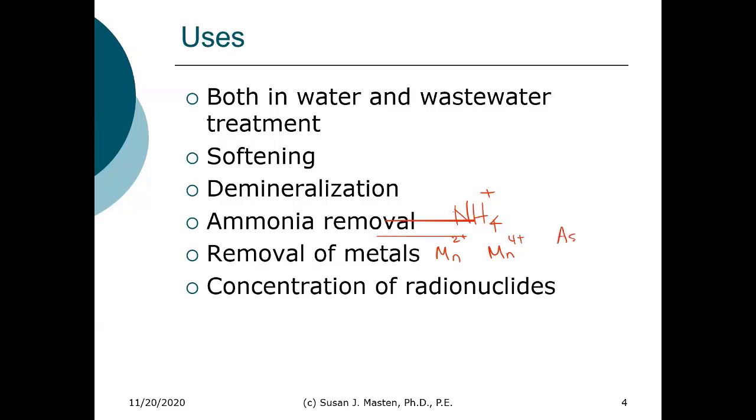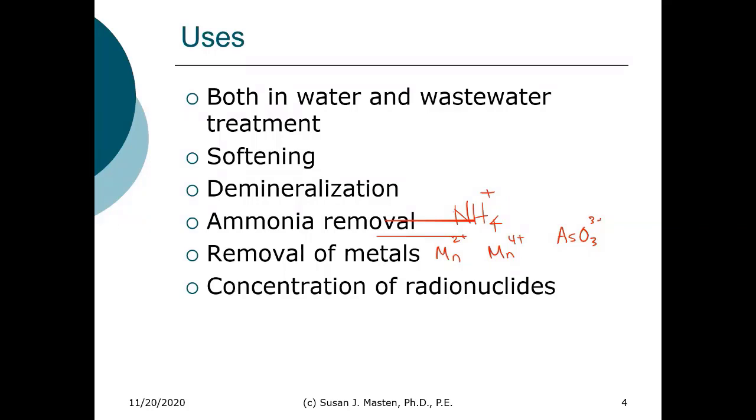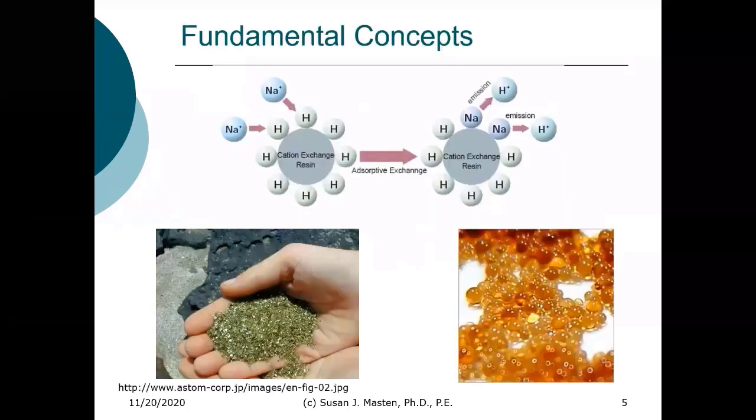For instance, arsenic is as arsenite or arsenate. So the ionic form plays a significant role. And then we can also look at removal of radionuclides, from americium, cesium to plutonium, etc. So again, we need to know something about the redox state of that ion.